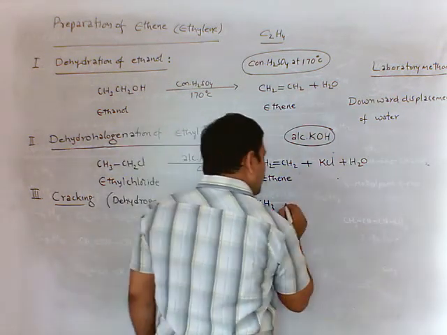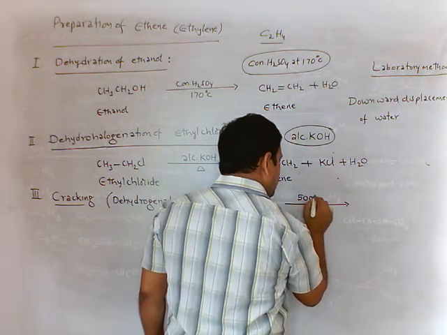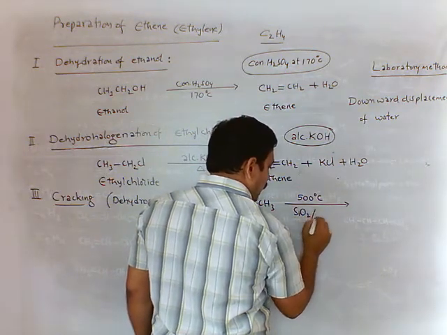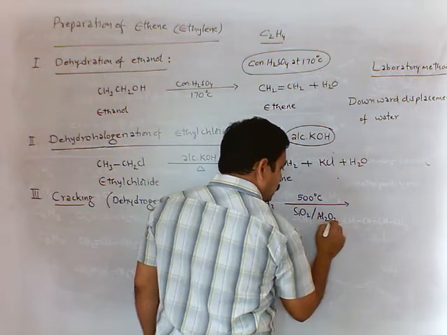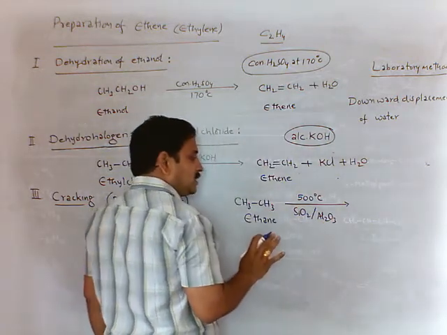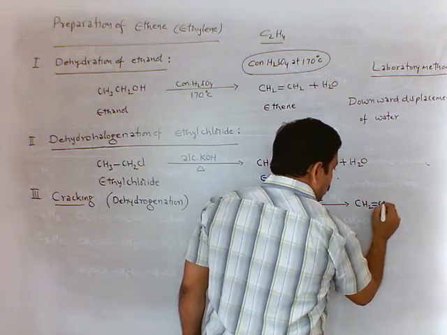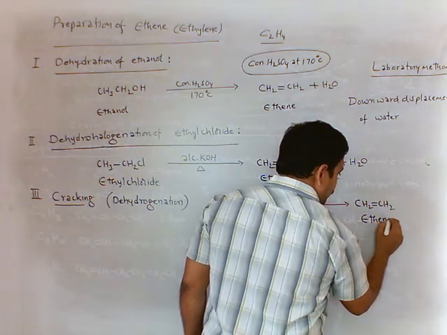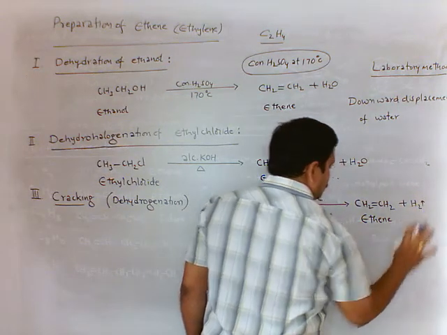It is heated up to 500 degrees Celsius in the presence of silica or alumina, Al2O3. These act as catalysts. We get CH2 double bond CH2. This we call ethene, and hydrogen gas is released.